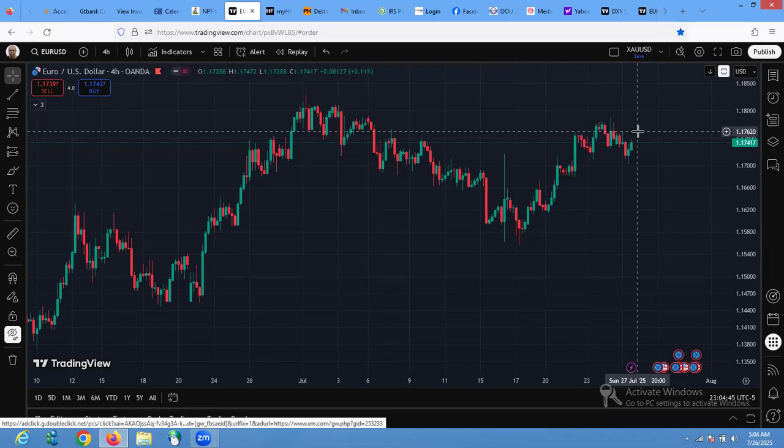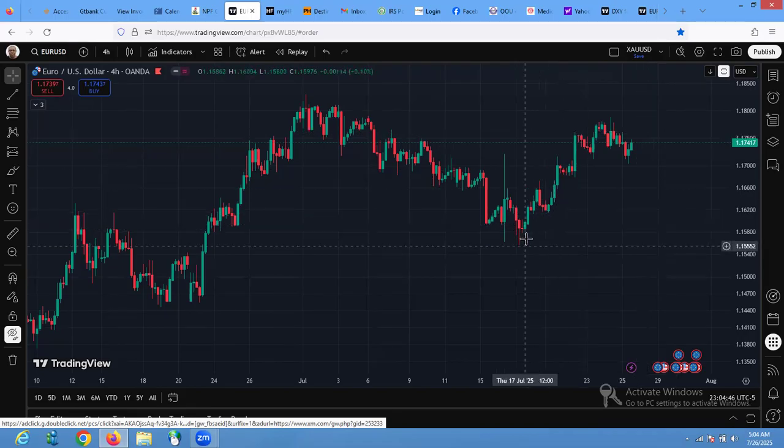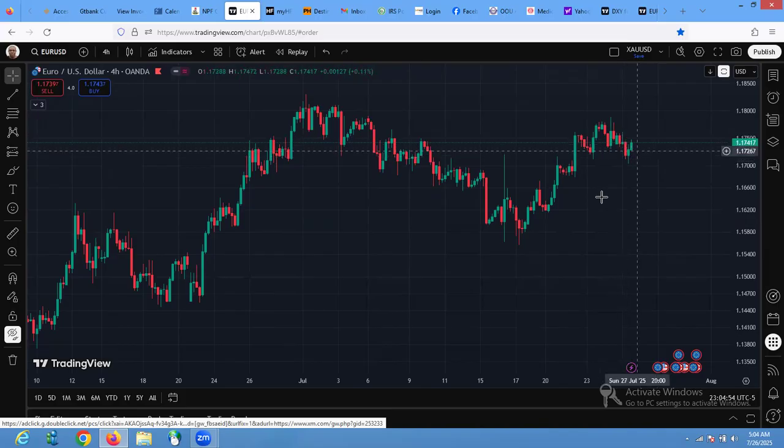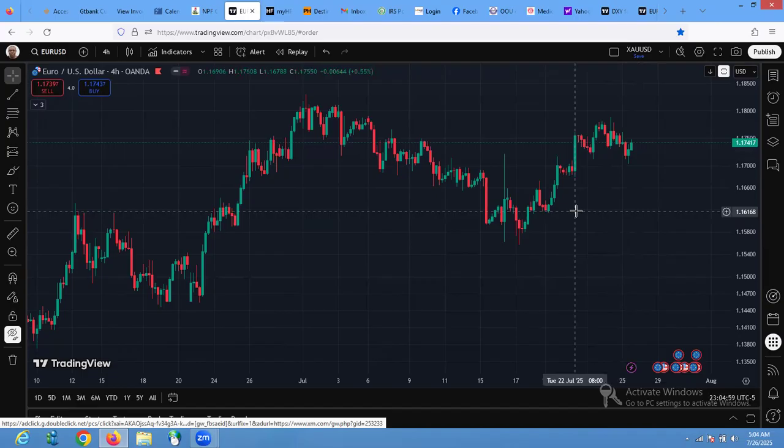But at the same time, this looks like an A, B, C, or a 1, 2, 3. So if we are correcting this to the downside as a double, we should not take out 16,150. We should not break the 16,150 area or 160 area.